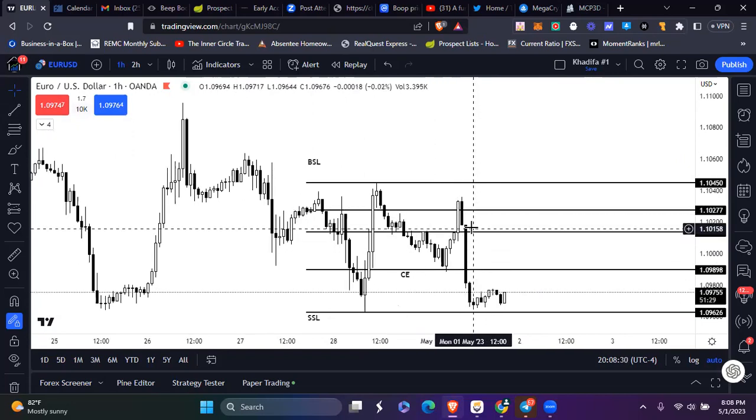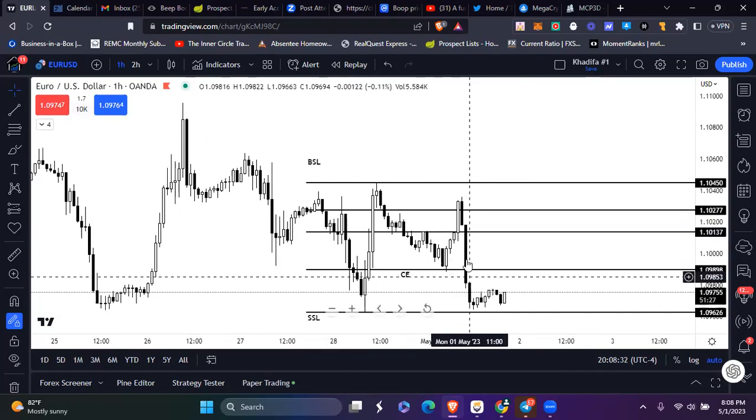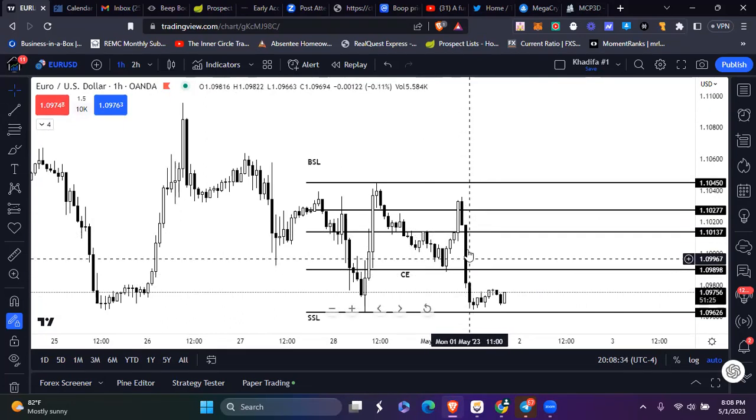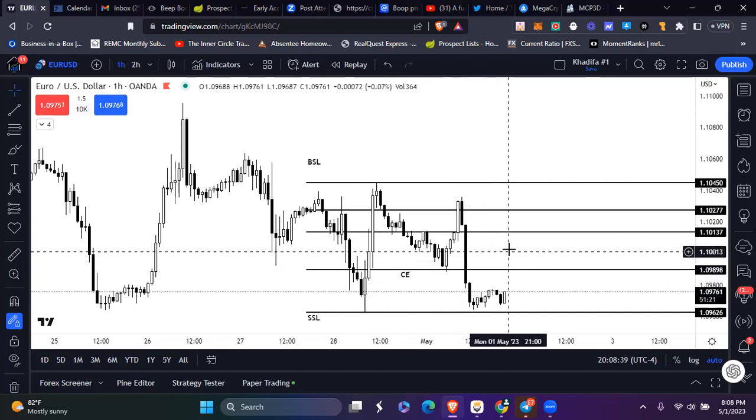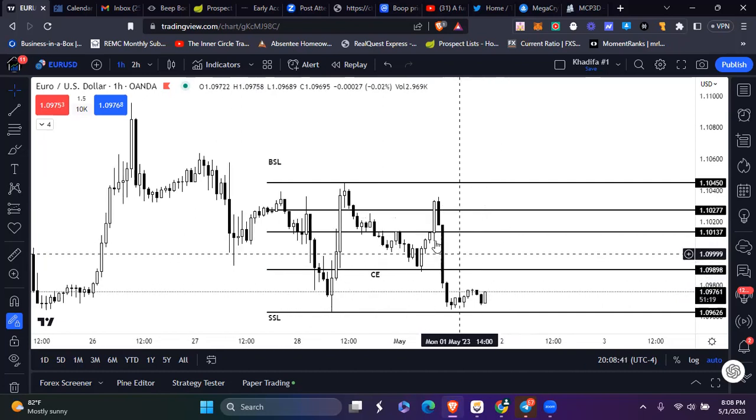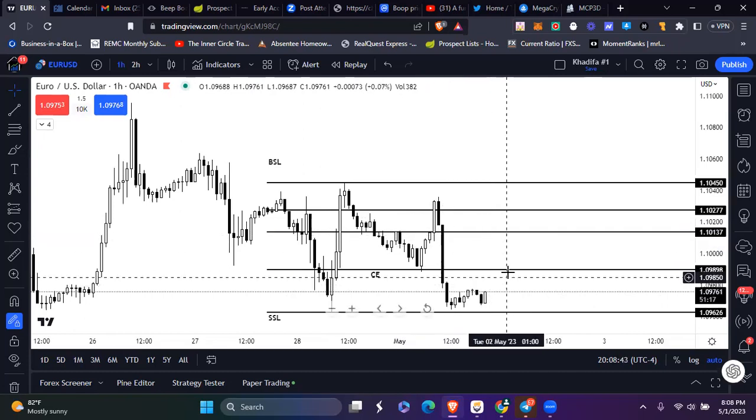Now I'm looking at this sell side imbalance, buy side inefficiency, and I want to see price draw back up into that and see how we react to that level.